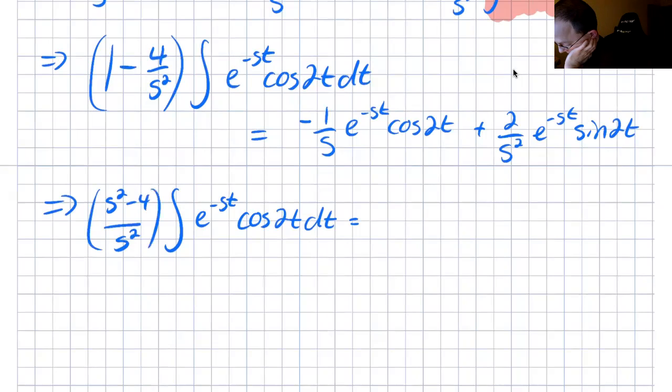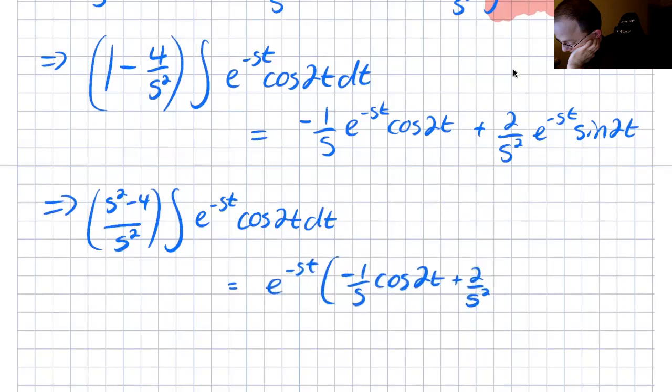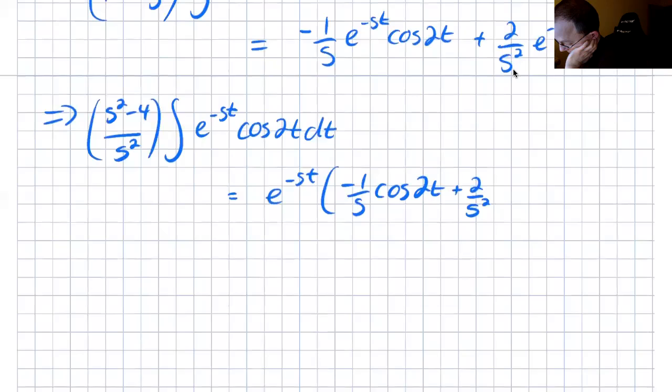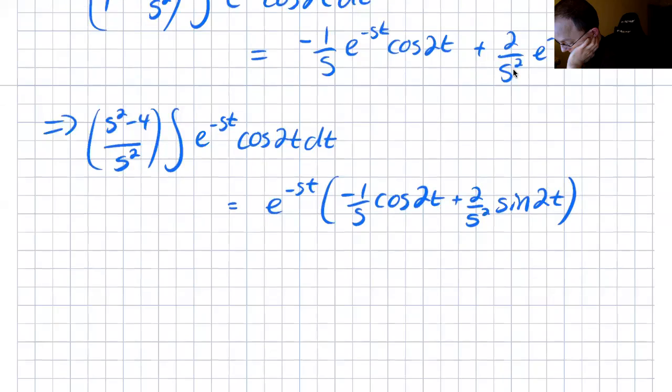And then on the right, I'm going to factor out the e to the negative st. And then we have negative 1 over s cosine 2t plus 2 over s squared, like that.